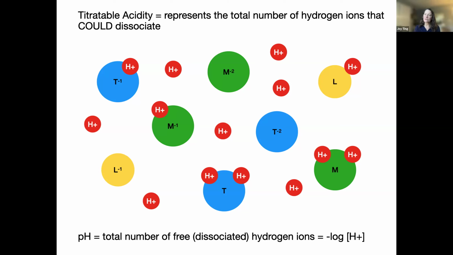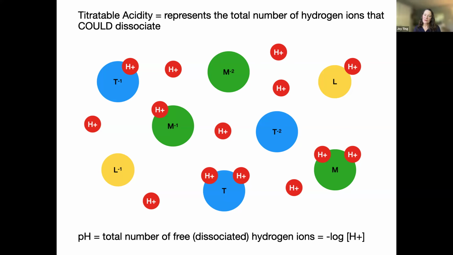Whereas lactic acid, because we've chopped off that one side of it, has less of an impact on the titratable acidity because it has fewer dissociatable hydrogen ions to participate. So when the wine goes through malolactic fermentation, we would hypothesize that the titratable acidity would go down because we're going from a diprotic to a monoprotic acid.